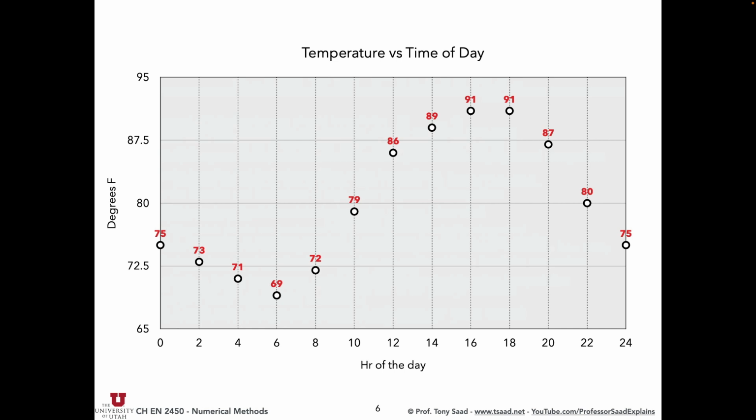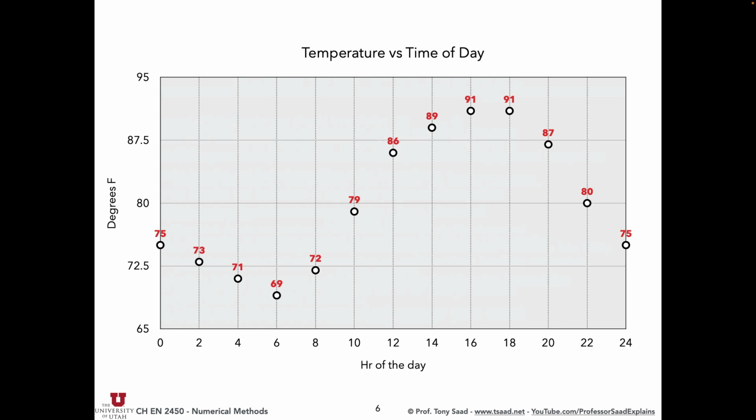Then it starts warming up, goes to 72, 79, 86, almost midday here, but the peak temperature is usually around 4 o'clock. We always avoid going to the zoo at 4 o'clock. We try to go in the morning or later. Then in the evening, the sun sets, you start cooling down, and the cycle continues. So those are the data that we have. It's not weird: temperature versus time of day.